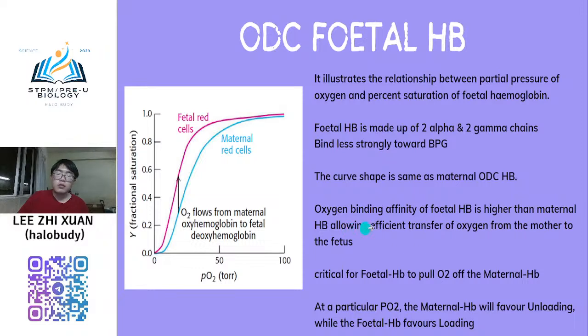Because it wants to ensure efficient gas exchange from mother to the fetus. If the hemoglobin curve is totally the same as the mother's, the partial pressure of oxygen between mother and fetus would be the same. When it is the same, it means there is no diffusion.